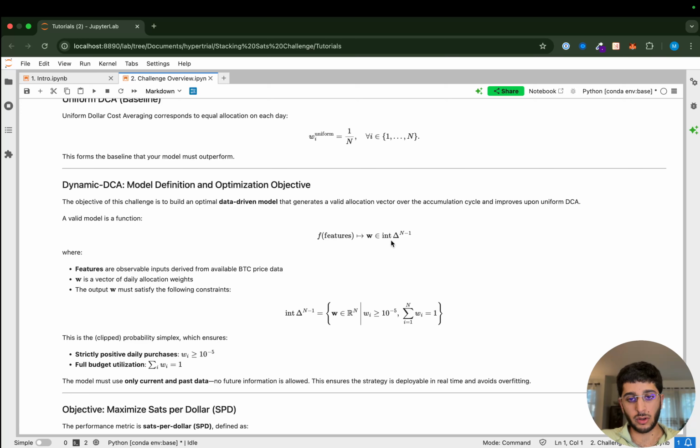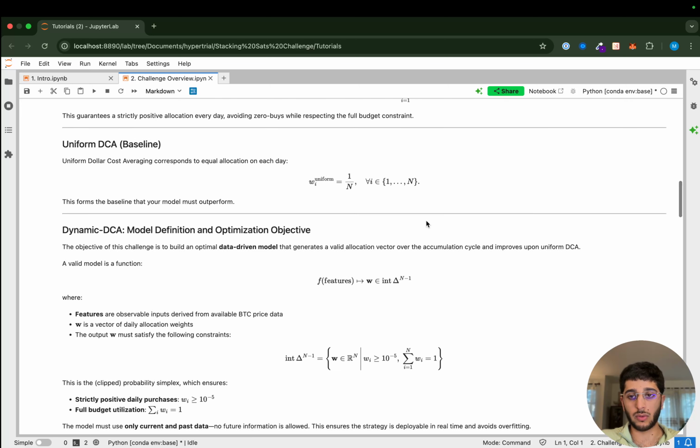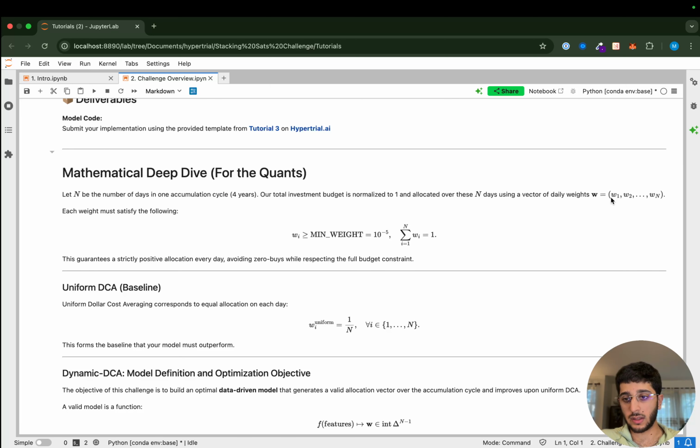This notation here represents an n-1 dimensional simplex, and all it's saying is that in our case it's the set of all weight vectors. So this w in the set of n-dimensional reals is exactly this here.